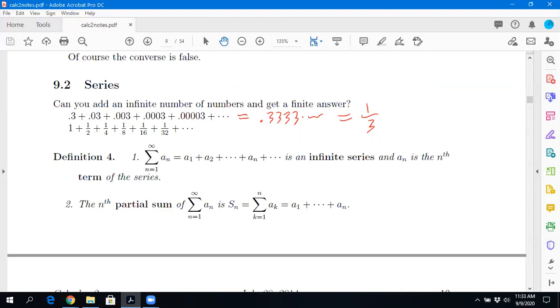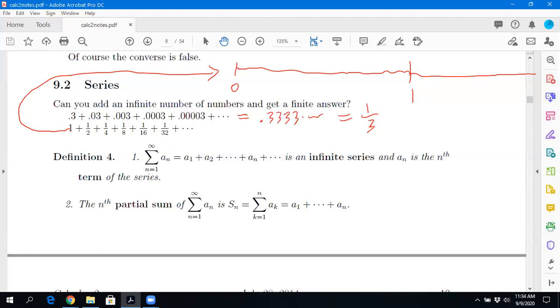Now what about 1 plus a half plus a fourth plus an eighth plus a 16th plus a 32nd, etc.? Well, let's think about that for a minute. Here's 0, and here is 1, and I'm going to go all the way out to 2.